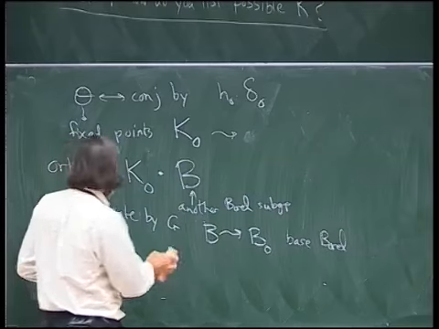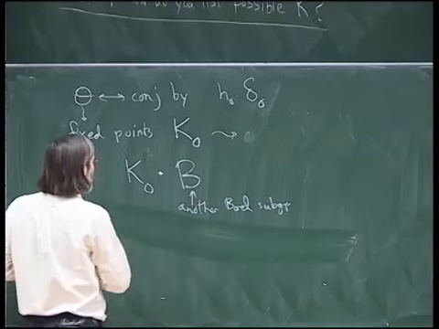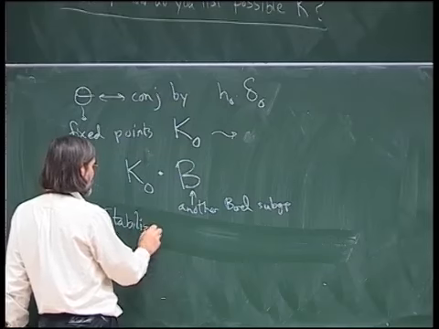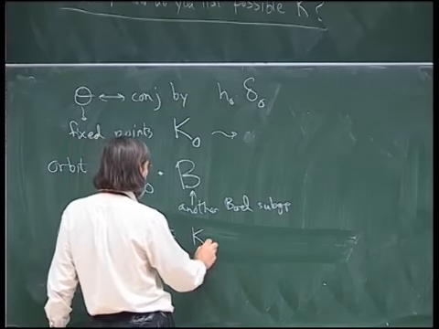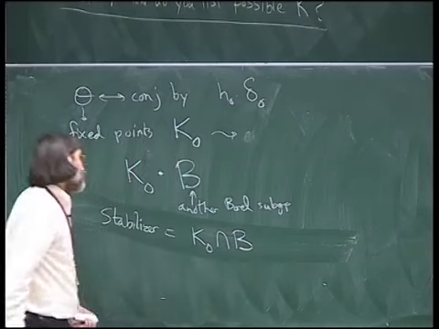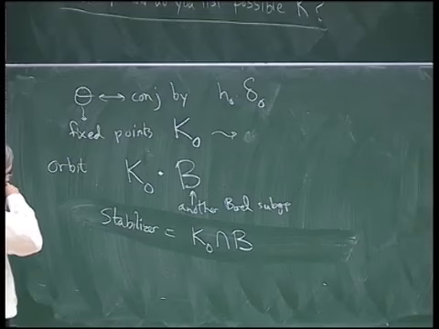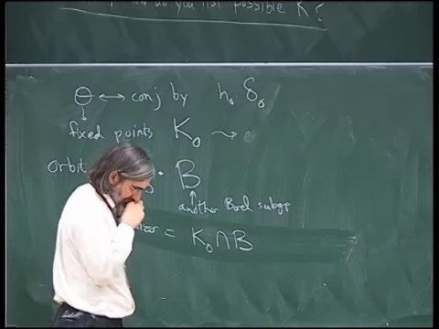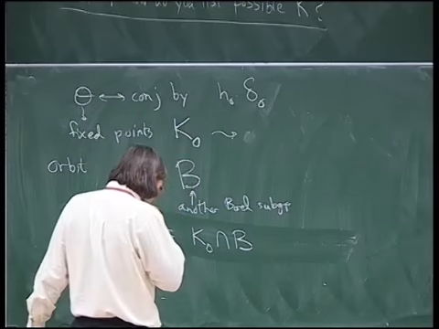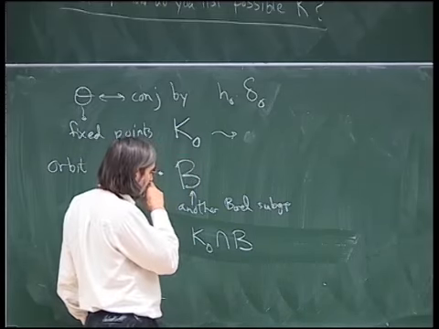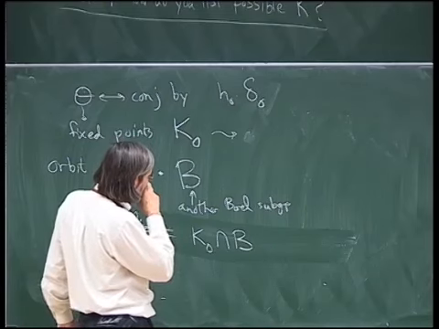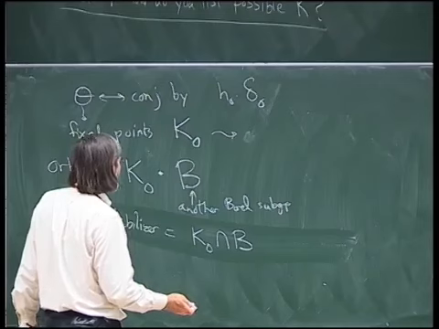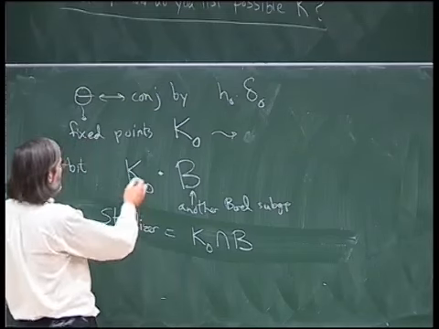Sorry, no, I haven't said this properly yet. So the stabilizer is the intersection of K naught with B. How do I say this? Yeah, I'm saying this badly.